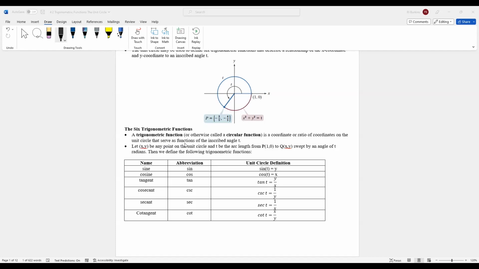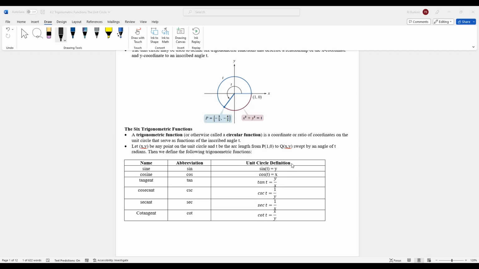So basically what that's saying is, if you look down here on the right of this chart, each of the trig functions can be related to something to do with the x or the y coordinates, or some combination of them. So the sine of some angle is just equal to the y coordinate, and the cosine of some angle is equal to the x coordinate.